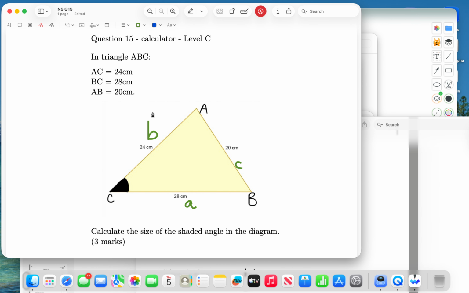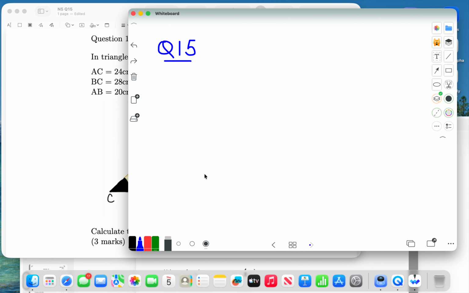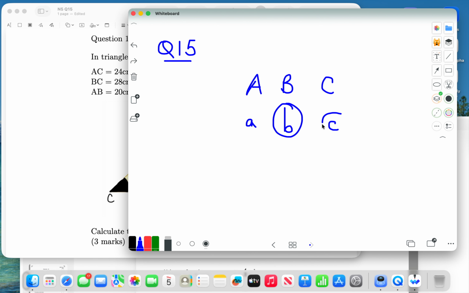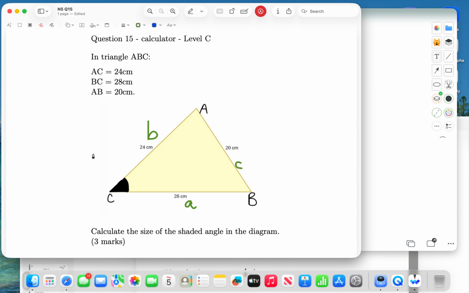So we know all of the sides, and we have to find the angle C. So we have to find an angle.